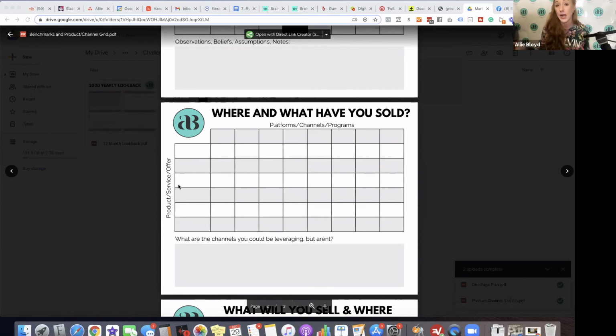Versus Google Ads, where someone's searching for something specific, they find it, they buy it, and they don't really realize all these other things that they could buy from you. So really make sure that you understand that. The trust factor, the exposure factor of what you're selling, that's going to be a big one.